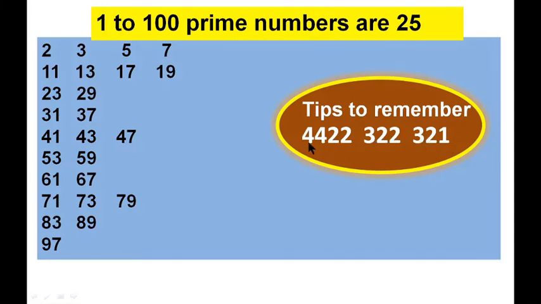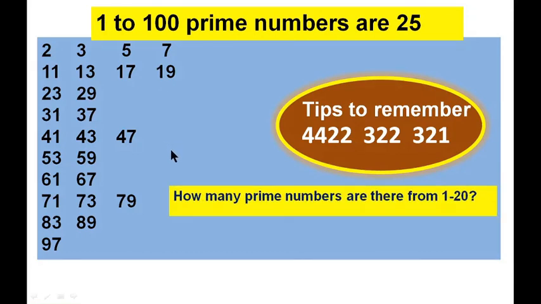That means there are 4 prime numbers from 1 to 10, then another 4, and then 2, and then 2, 3, 2, 2, 3, 2, 1. So if we remember this code, we can easily find how many prime numbers there are from 1 to 100.